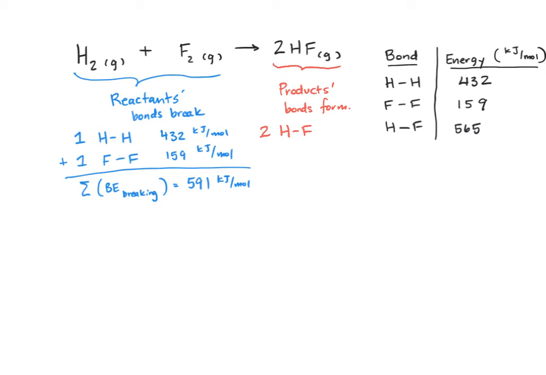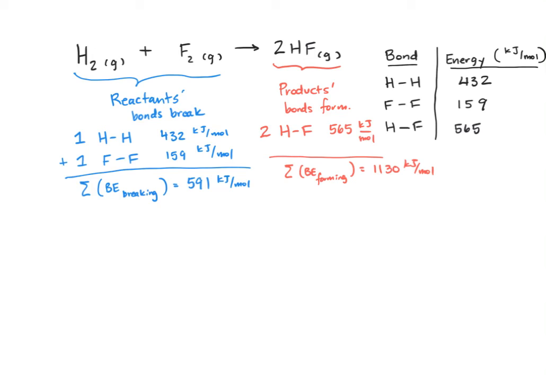Since there are two of them, and each bond has a bond energy of 565 kilojoules per mole, then the sum total of all of the bond energies forming and therefore releasing energy is equal to 1,130 kilojoules per mole of product. That's 565 times the number of bonds, 2. There are two bonds because there's a coefficient of 2 out in front of this hydrogen fluoride formula.